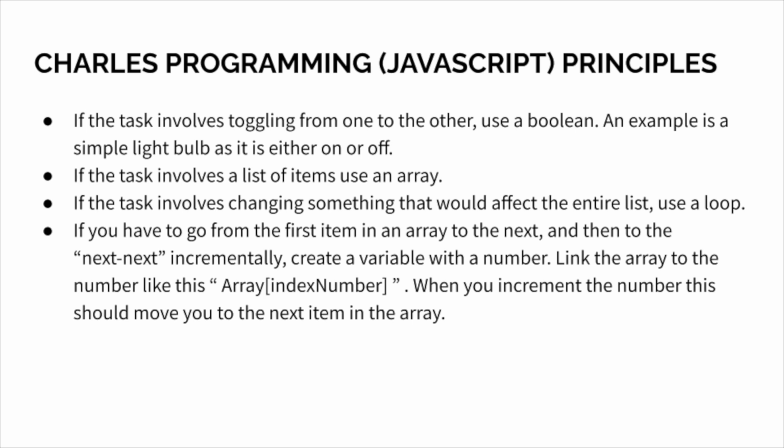Then another principle is if you think of a list of something, put that thing inside an array. If you want to affect something in that entire list, make use of a loop. And if you want to affect something from step to step, you would use an index to track that step-to-step thing.